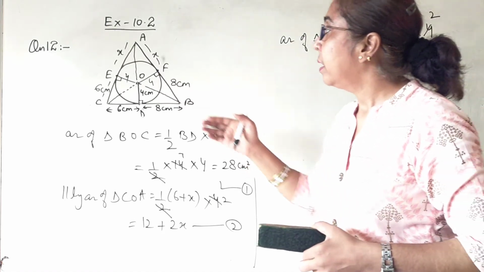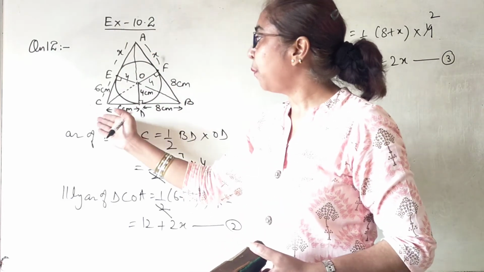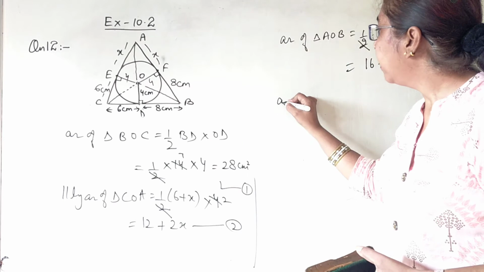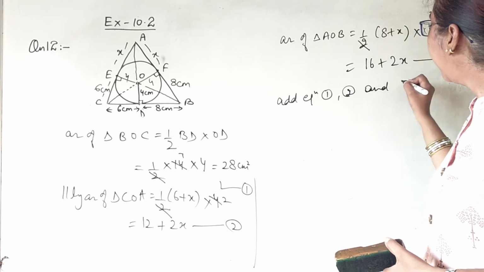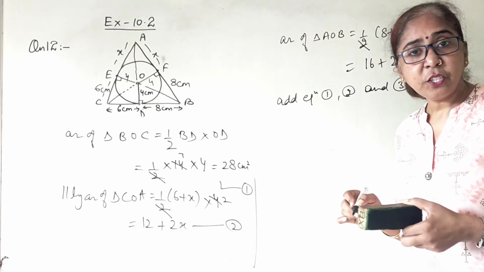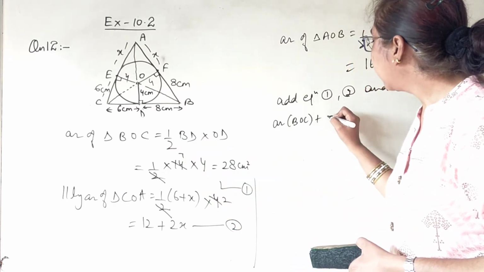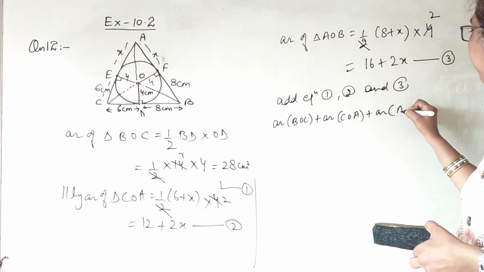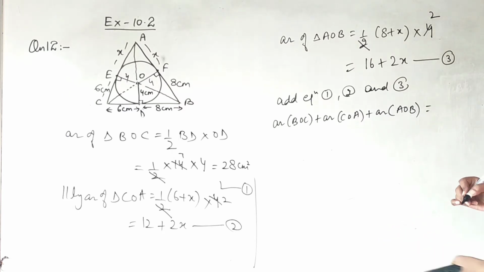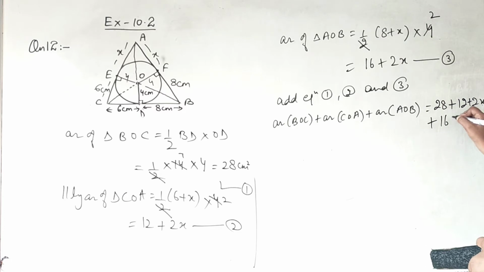Okay, so now I have the areas of these smaller triangles. Now I'll add them and I'll get the area of ABC. So add equations 1, 2 and 3. If I add these 3, then I will get area of DOC plus area of COA plus area of AOB is equal to 28 plus 12 plus 2x plus 16 plus 2x.